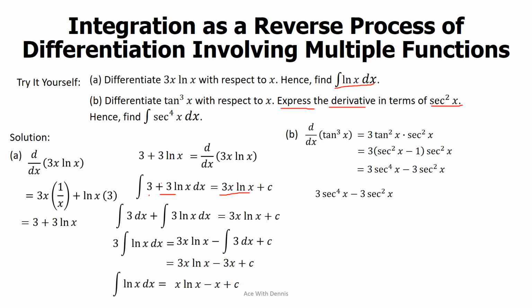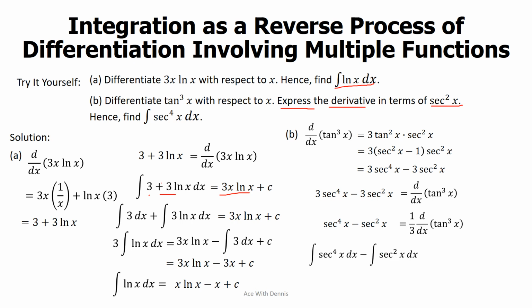Now we can do the integration by rewriting the result of the differentiation, which is 3 secant to the power 4 x minus 3 secant square x equals d over dx of tangent cube x. So if we integrate, for this case, we divide by 3 on both sides. We get secant to the power 4 x minus secant square x equals 1 over 3 d over dx of tangent cube x.